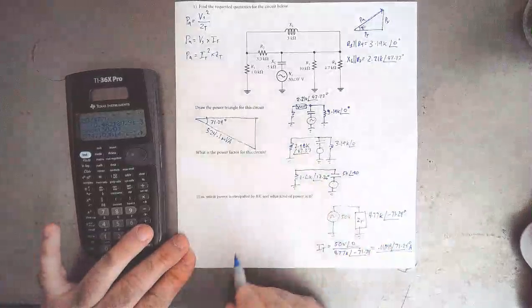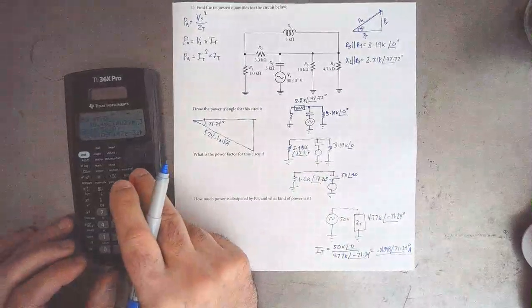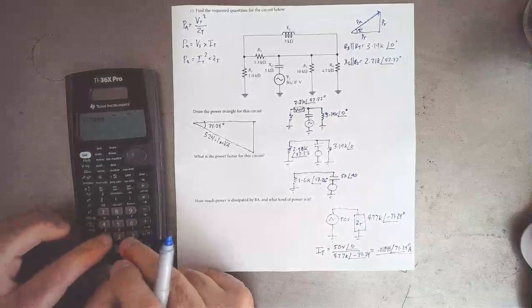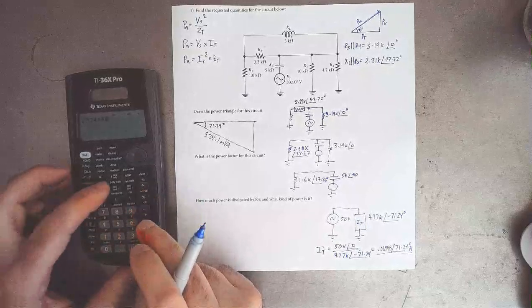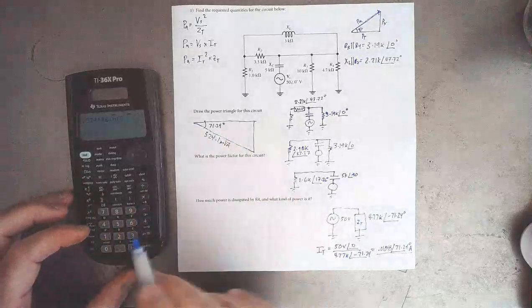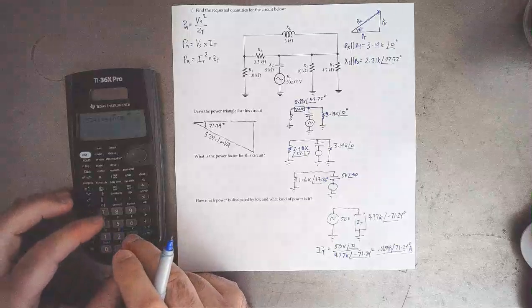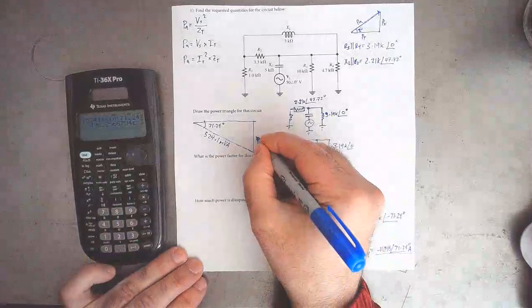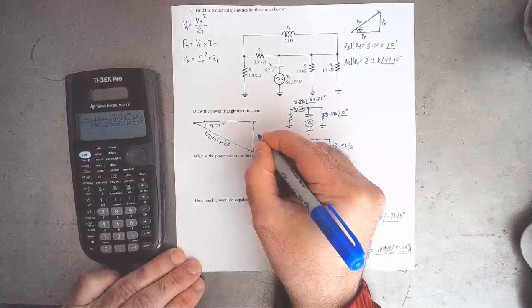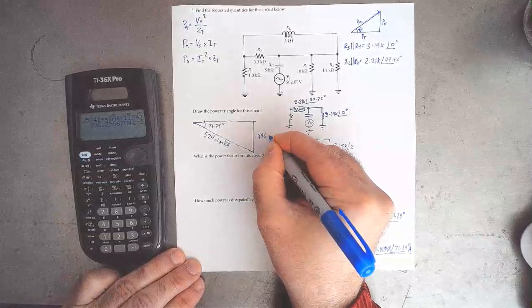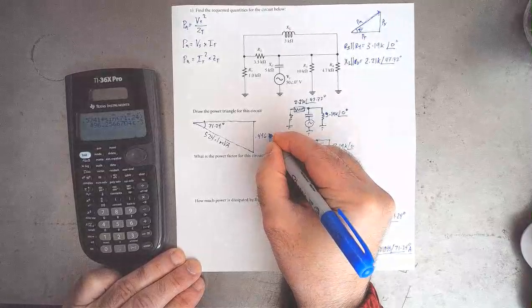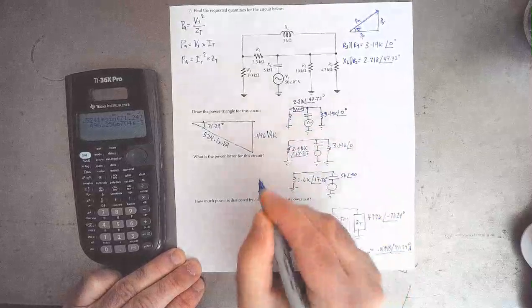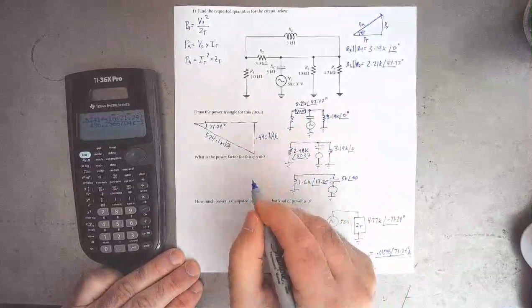Let's find the reactive power here. So it's going to be 0.5241 times the sine of this angle. So that's 71.24. And that has given me 0.496 var right there. So that's 496 millivar.